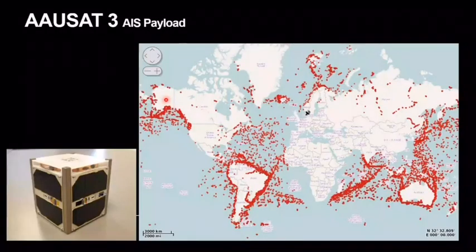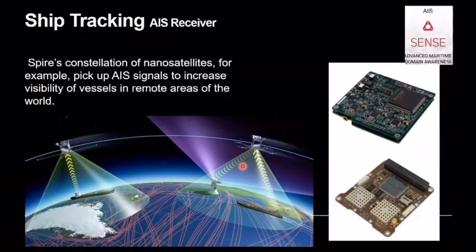For example, you can see this 1-unit CubeSat from Norway. This is called AAUSat-3. It hosted this AIS payload, and you can see the signature of the tracking that it conducted throughout its mission life.